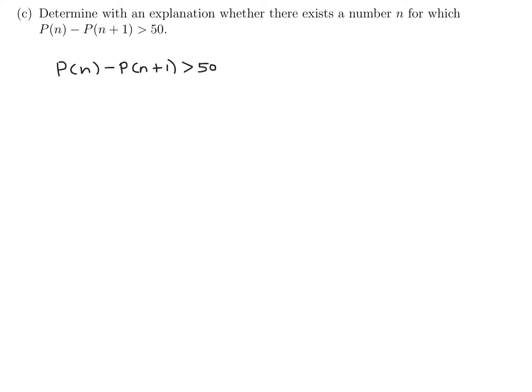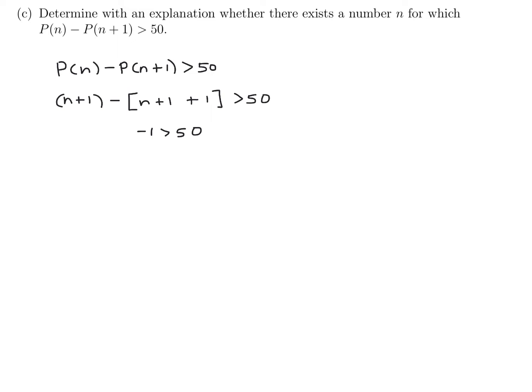So by definition, this is n plus 1, and then minus, this is n plus 1 plus 1. Yeah, and that's got to be greater than 50. Okay, so there's a number n. All right, but this is really just if n has one digit, because this becomes -1 is greater than 50, which obviously makes no sense.